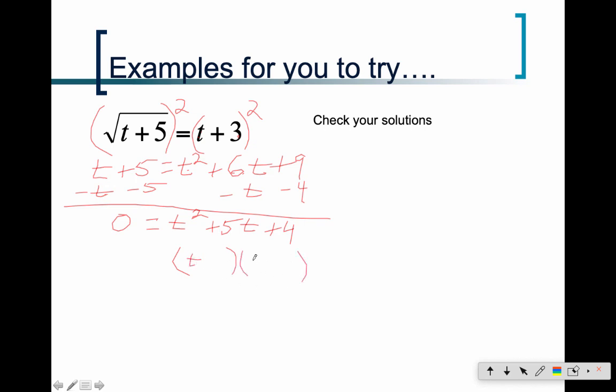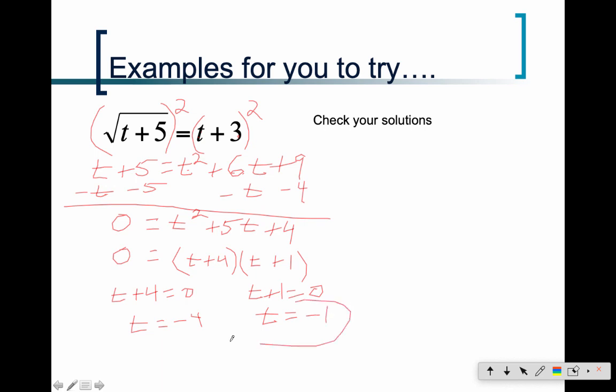What do you multiply together to get 4 and add together to get 5? It's positive 4 and positive 1. Set them both equal to 0 and solve, and I get t is -4, and t is -1.